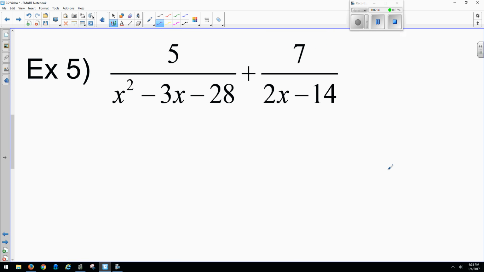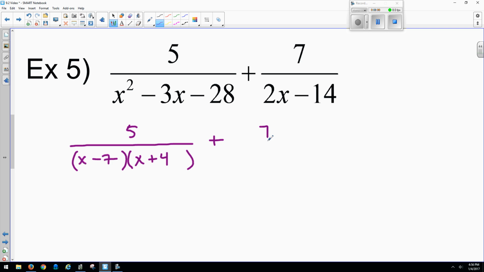All right, here's the next one. So before I do anything, I'm going to go ahead and factor the denominators. And now that all of you are experts at factoring by now, hopefully this is a fairly fast procedure. So here's the factors for this denominator. And here's the factors for this denominator.